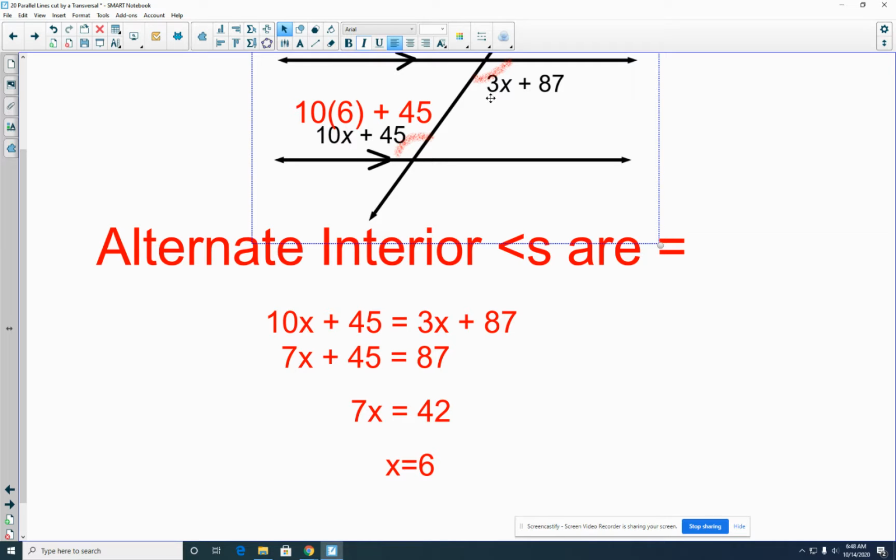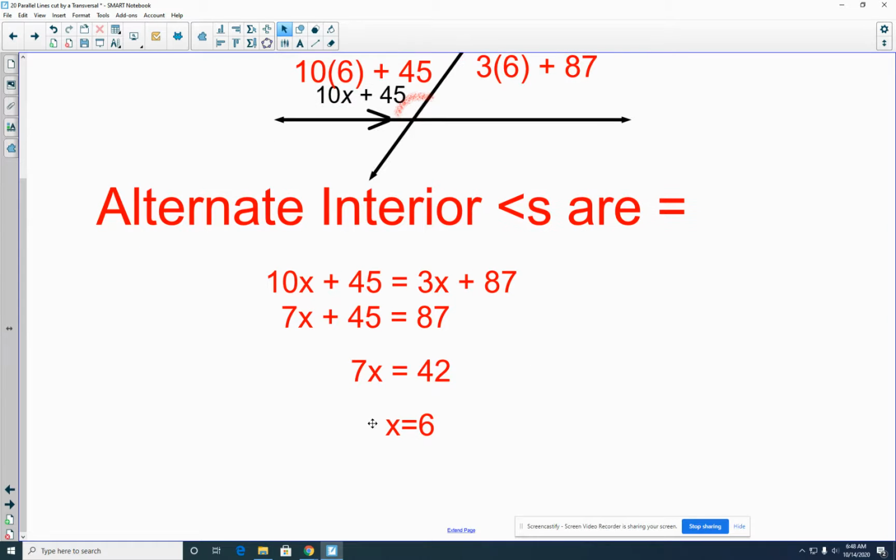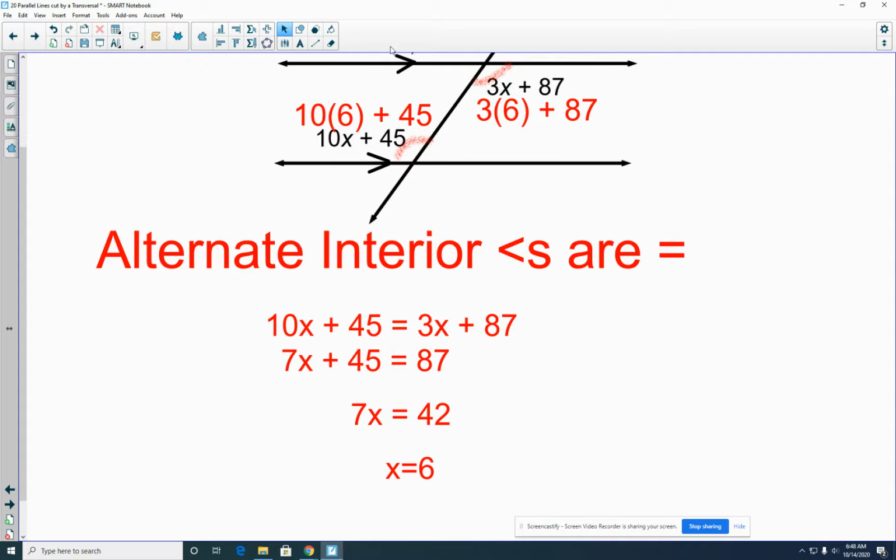And over here, 3 times 6 plus 87 is 18 plus 87, which is also 105. So you can always plug back in and check your work. But at the end of the day, x equals 6. This is our goal: we're going to work towards applying the relationship, creating an equation, and then solving.